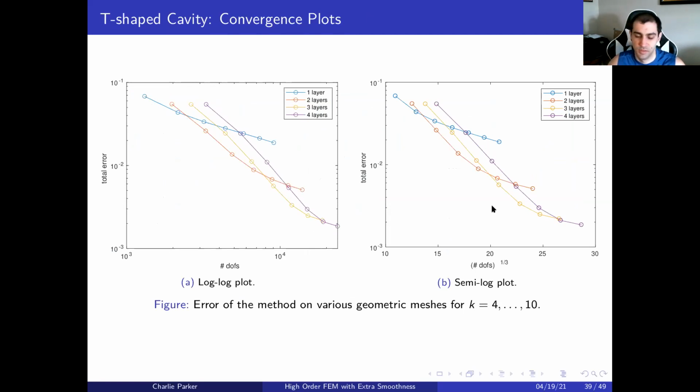And on the right is the same thing, but now it's a semi-log plot instead of a log-log plot. And we see that the envelope of the curves is a line. So with these 4 layers, this last part doesn't look as good, but that's likely just due to round off error. I know these errors are not very small, but at that point you're using pretty small elements because I'm doing an 8% grading. So what can you really hope for there?